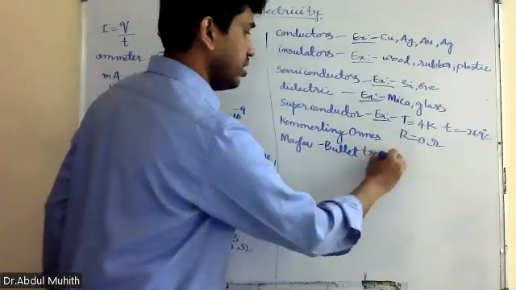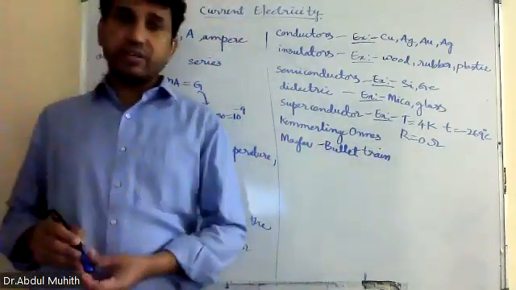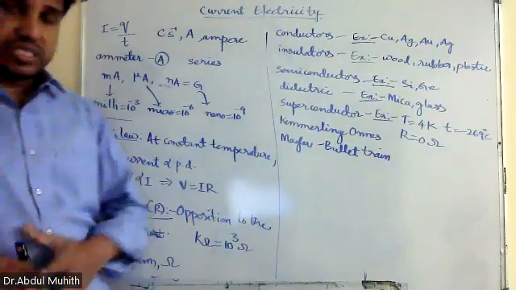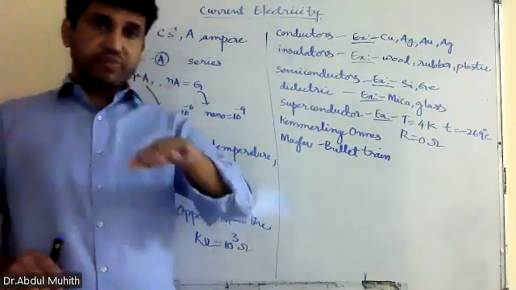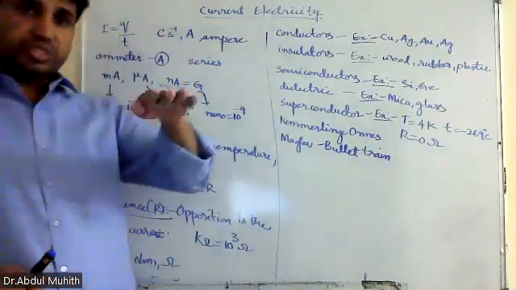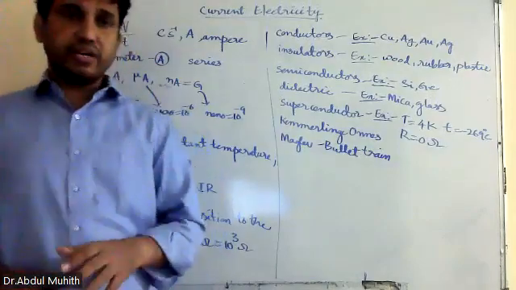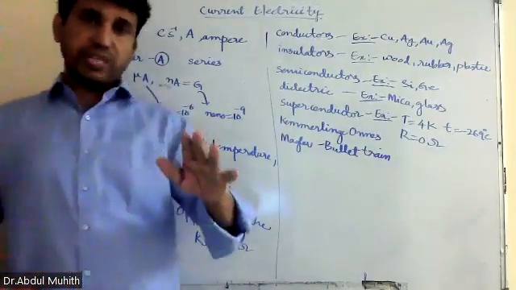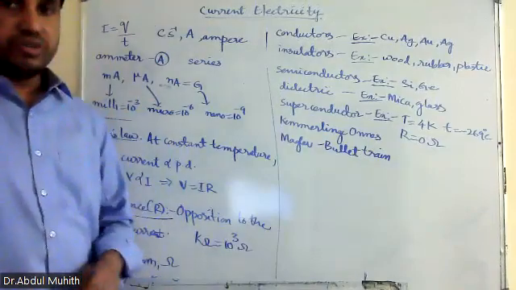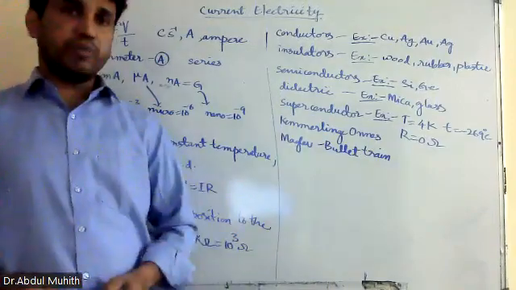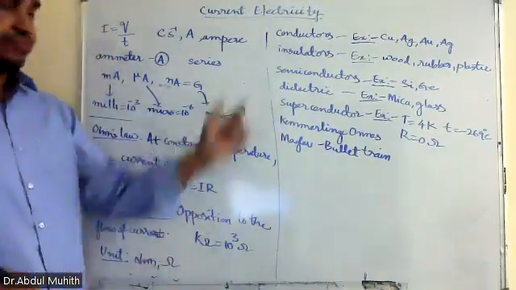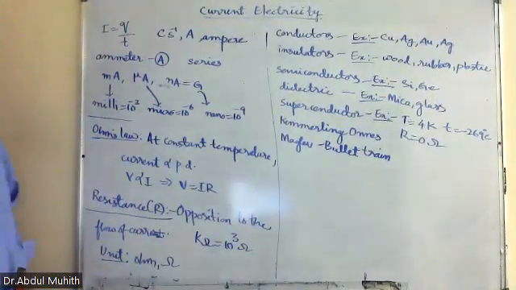This was started around 50 years back. There has been no accident until now, and it is like floating in the air. This train is 4 inches above the track, and it is really fast, around 500 kilometers per hour, very close to the speed of an aeroplane. So this is about the superconducting phenomenon.